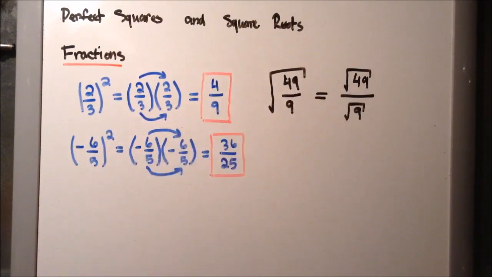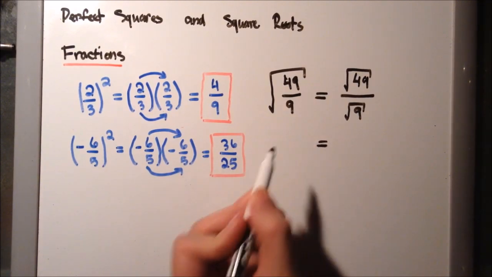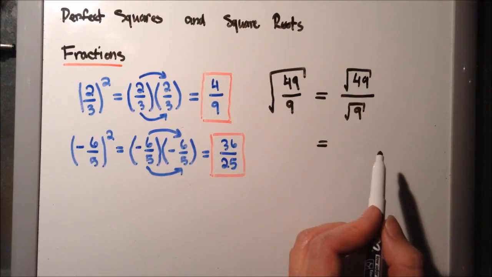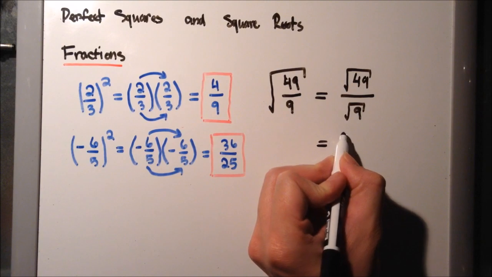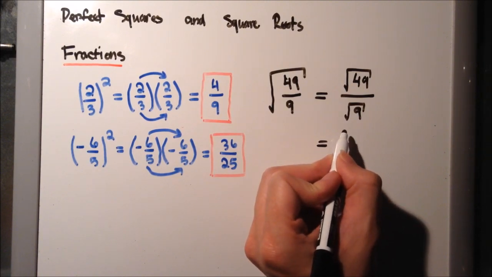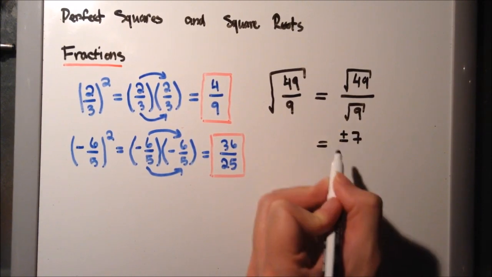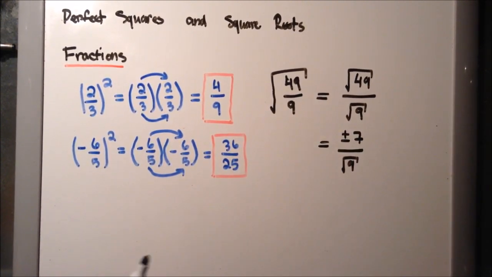Then you can do this. Now, say I only focus on the square root of 49. The square root of 49 is, and again, when we do square root, we have two solutions. So positive and negative 7 over the square root of 9. And again, I'm just doing this part by part.